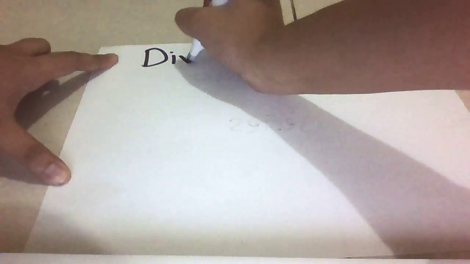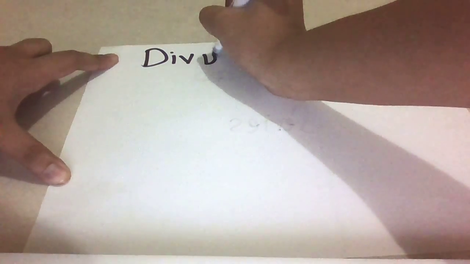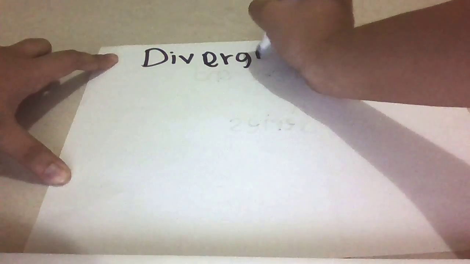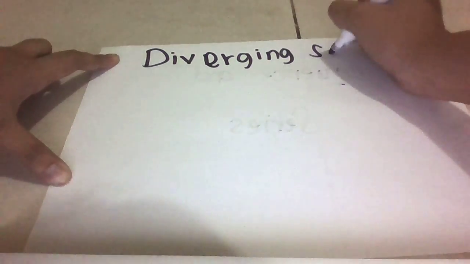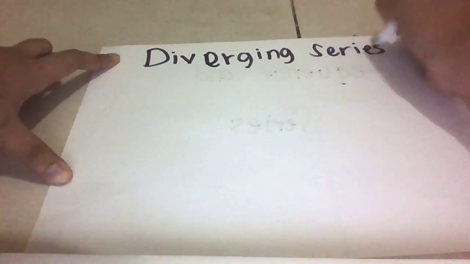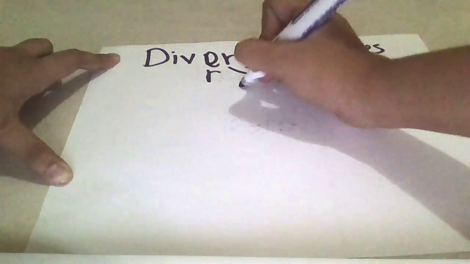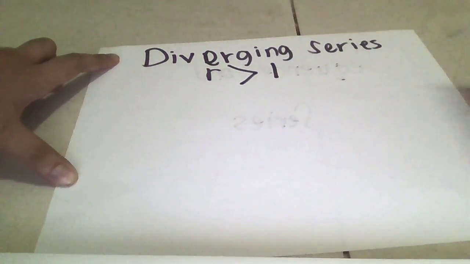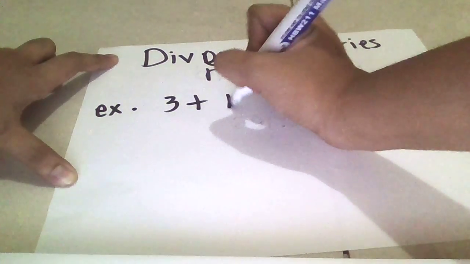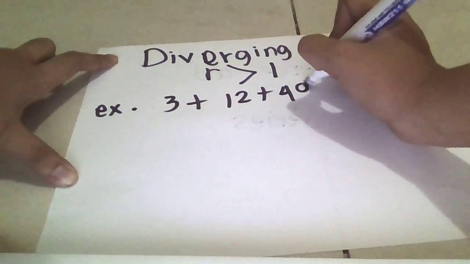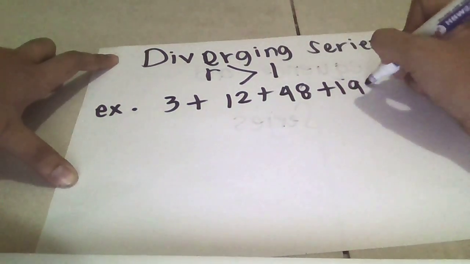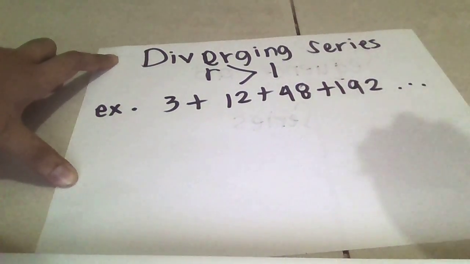The other one is the diverging series. In this series, the common ratio is greater than 1. Example: 3 plus 12 plus 48 plus 192 dot dot.